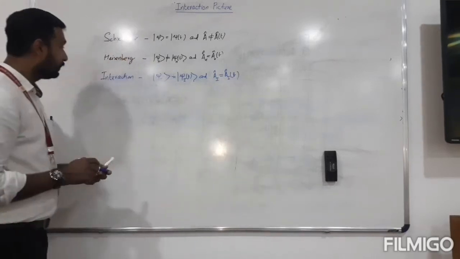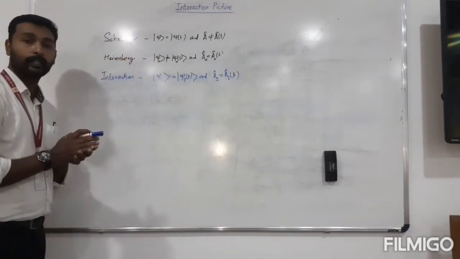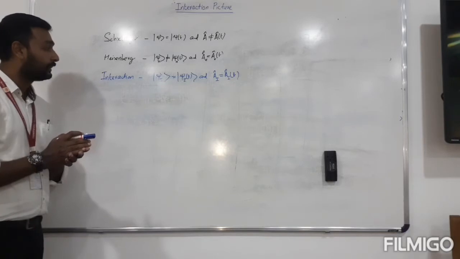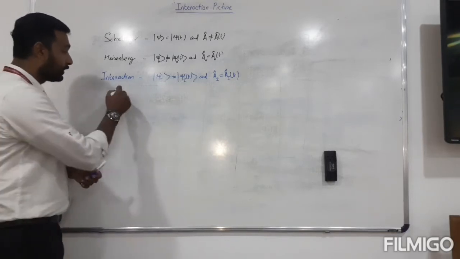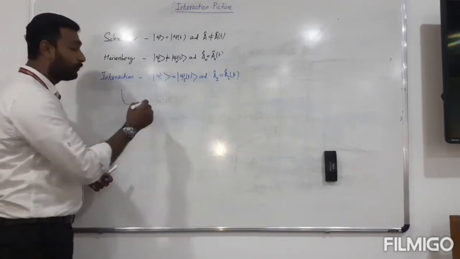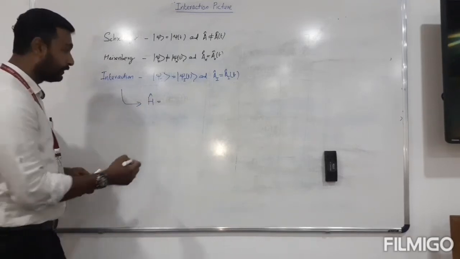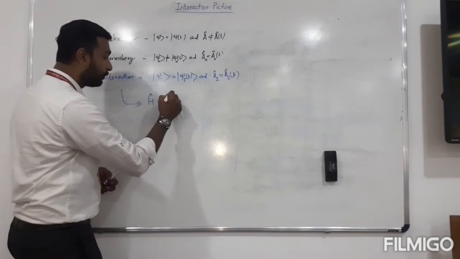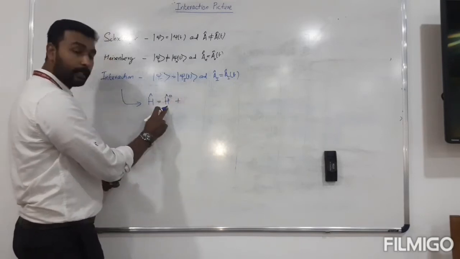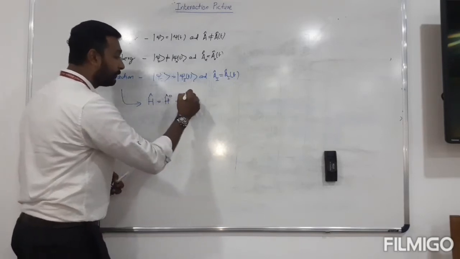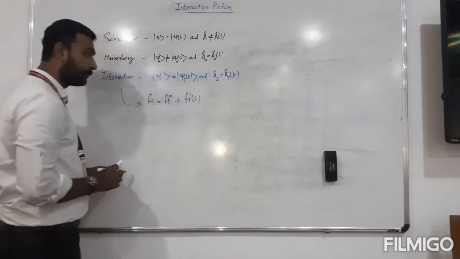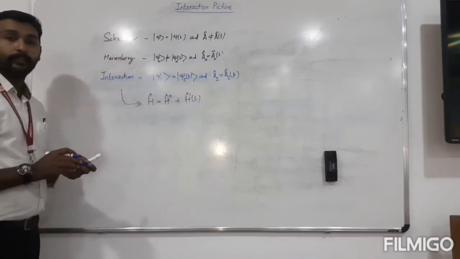Okay, so when would this interaction picture come into our problem? We'll usually use this interaction picture if you can split the total Hamiltonian of the system into two parts. That is, if it is a combination of a time independent part H0 and a time dependent part H prime, then the interaction picture would be very useful.